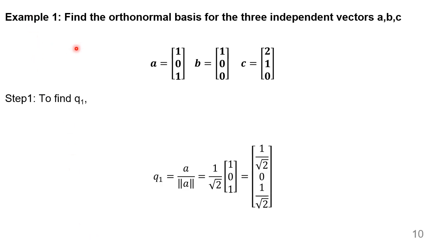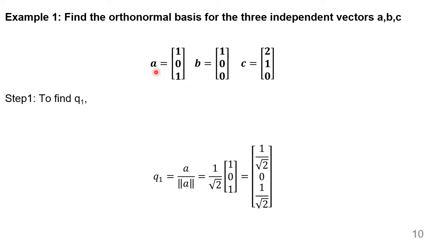We try to understand the Gram-Schmidt process with the help of an example. We have been given three independent vectors: A equals [1, 0, 1], B equals [1, 0, 0], C equals [1, 1, 0]. First, let us check whether these three vectors are orthogonal to each other or not.